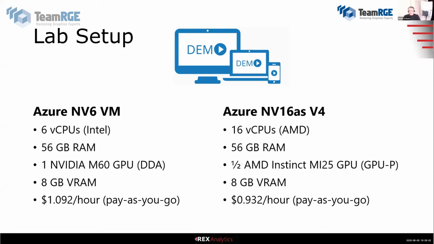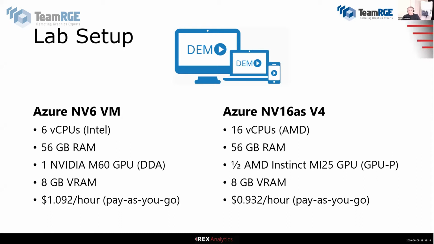And so we selected those because their price tag in Azure is pretty similar. One is a little bit more than $1 per hour, and the other is a little bit less than $1 per hour. So we thought this is, well, sort of the best match.